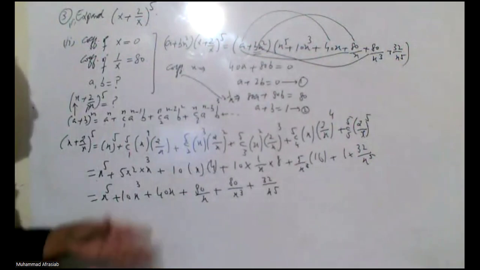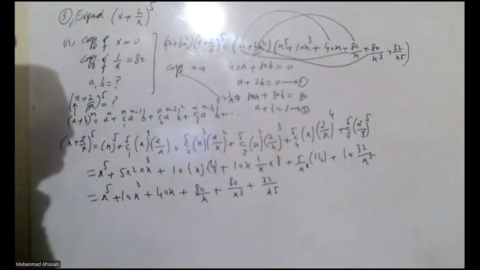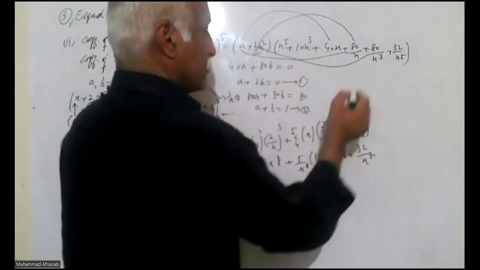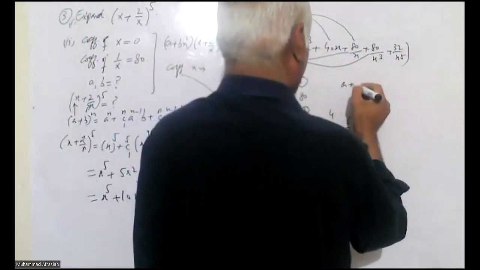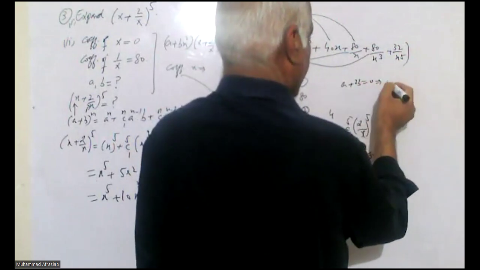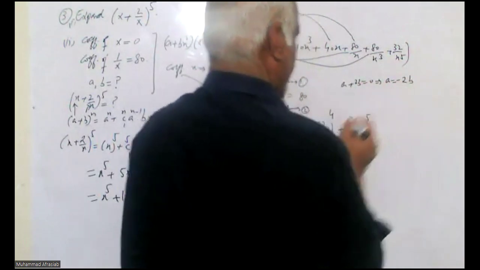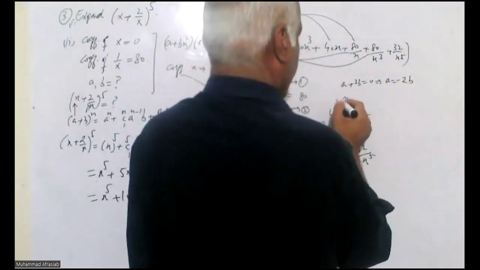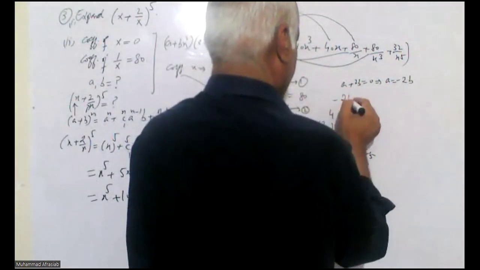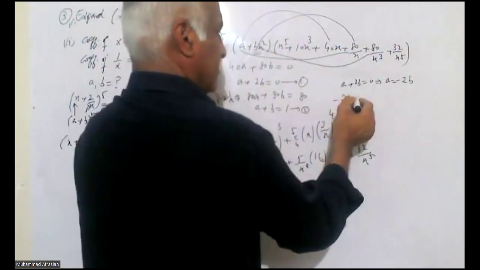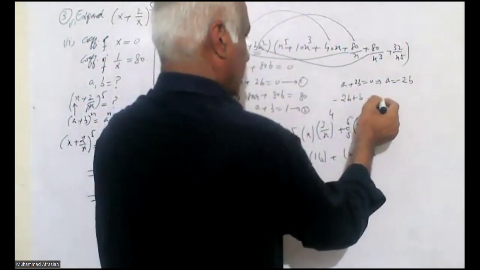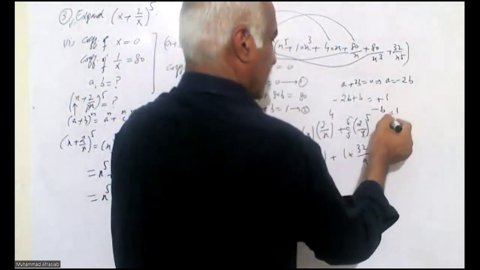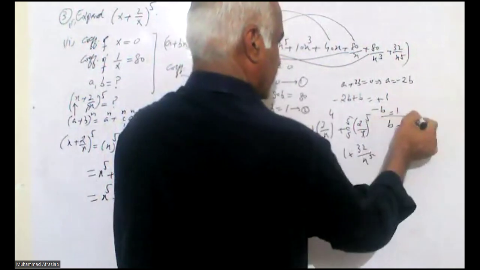Now we can solve 1 and 2 simultaneously. So a plus 2b is equal to 0. This implies that a is equal to minus 2b. We put this in equation 2: minus 2b plus b is equal to 1. So minus b is equal to 1, or b is equal to minus 1.